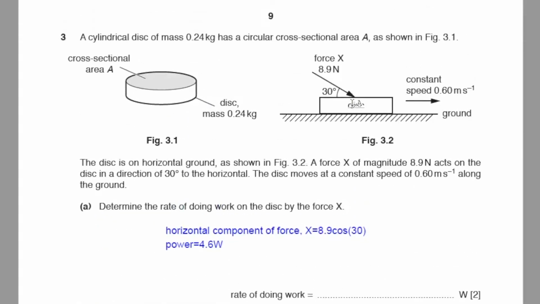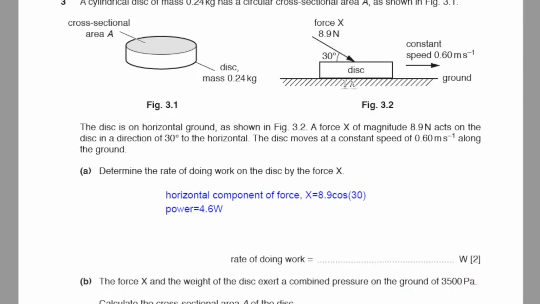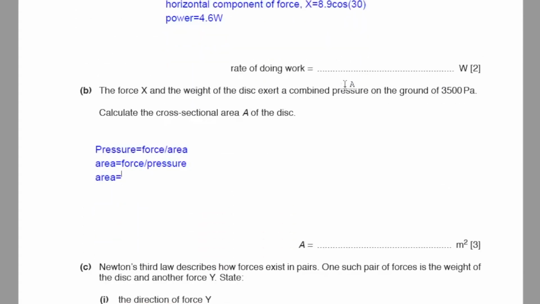Our combined force for exerting pressure of 3500 pascals will be the vertical component of force X along with the weight. We shouldn't be taking just 8.9 newtons because that force has got two components and only its vertical component downwards contributes to exerted pressure, which is 3500 pascals.